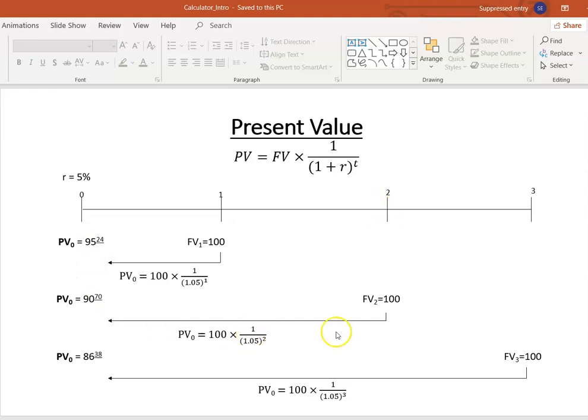Now let's verify if we have $100 2 years later, the present value of this cash flow will be $90.7. If we have $100 3 years later, the present value of this cash flow will be $86.38.